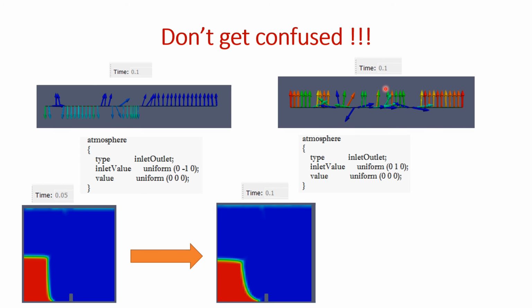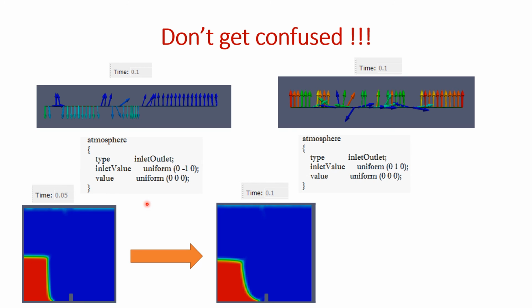See the two different cases here. In the first case I kept the inlet value as (0 -1 0), and here I kept uniform (0 1 0). This is wrong. When I keep (0 1 0), it won't point inward. You will have to keep the sign also, (0 -1 0). Then only it is going to point in the negative y direction.